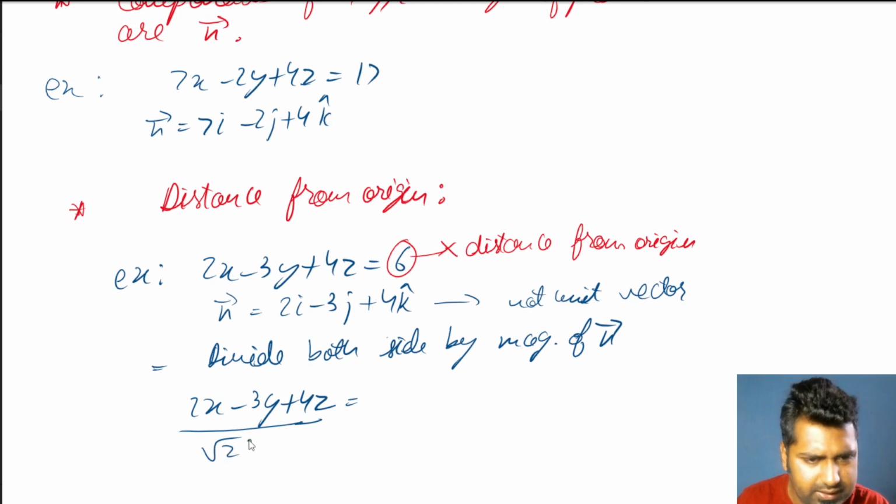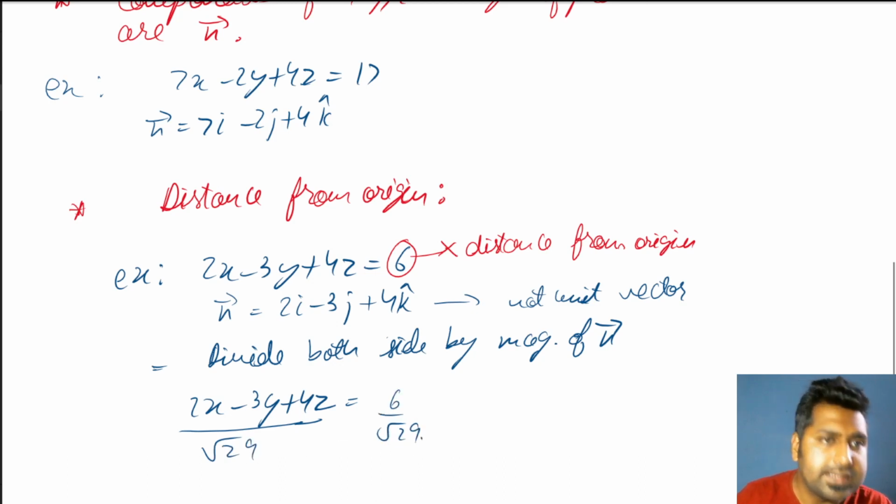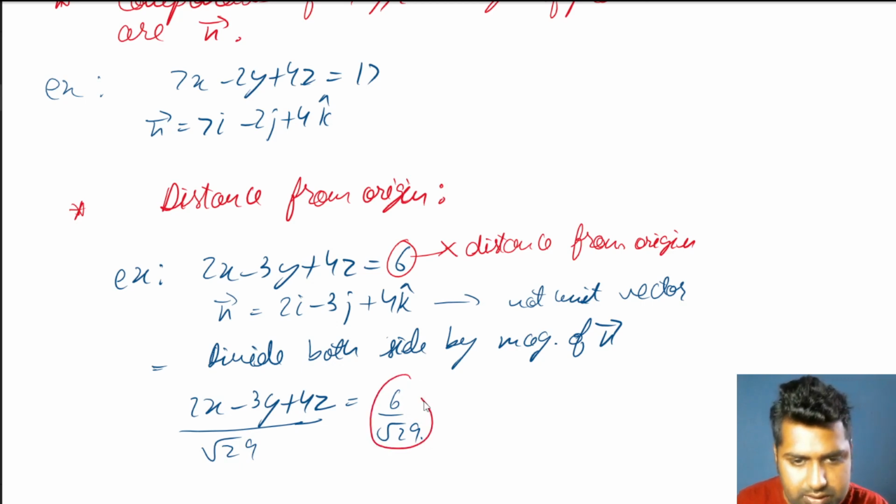Magnitude was root 29 and this was also root 29. Just to get the distance from origin, now I can say, because I have divided by the n vector's magnitude, that these will now be components of a unit vector. That means now I can say this is the distance from origin.